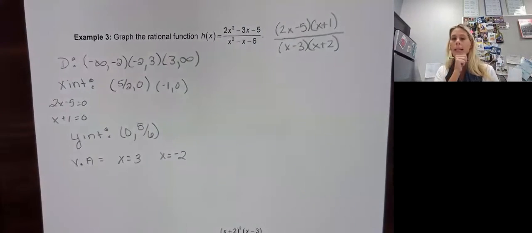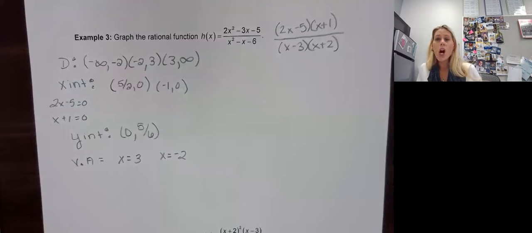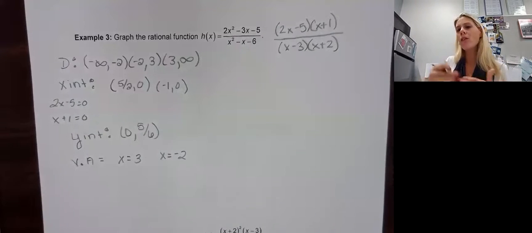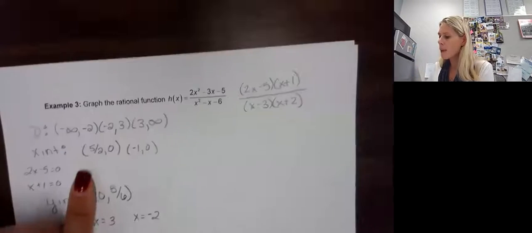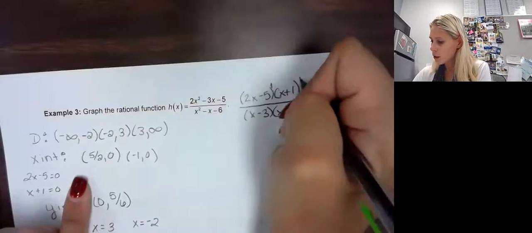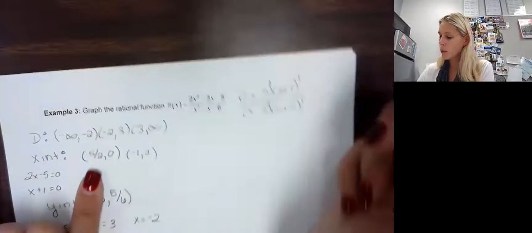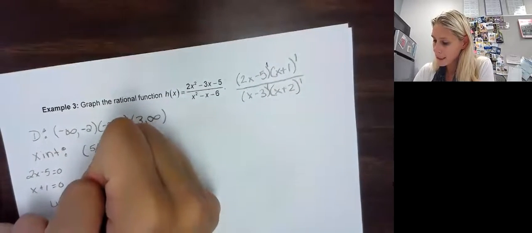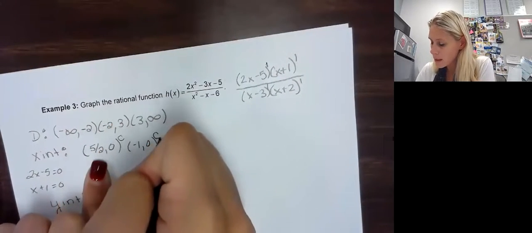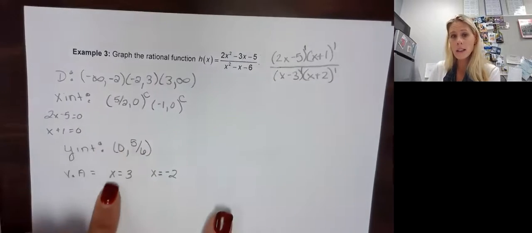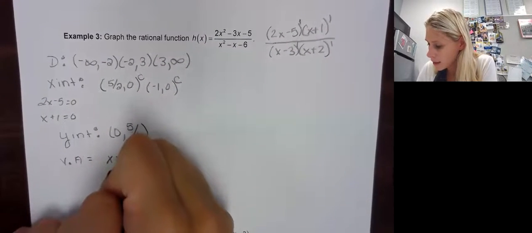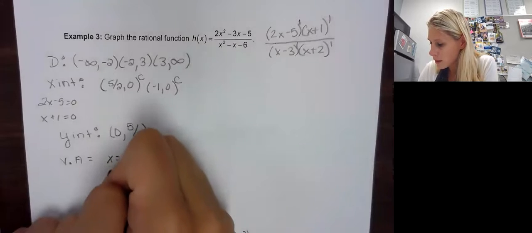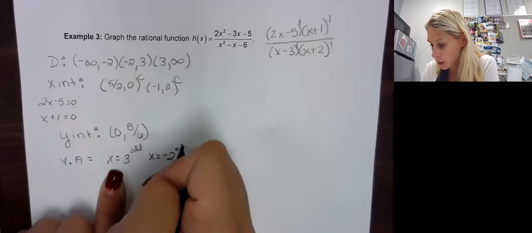Now, I noticed, guys, that I went so fast that I forgot to identify even and odd. And remember, that helps us. So if you forget to, as you're graphing, go back and do that. All of these are to the first, which means that makes each of these x-intercepts an odd, which is a cross, and these vertical asymptotes an odd, so they go in opposite directions. Okay.